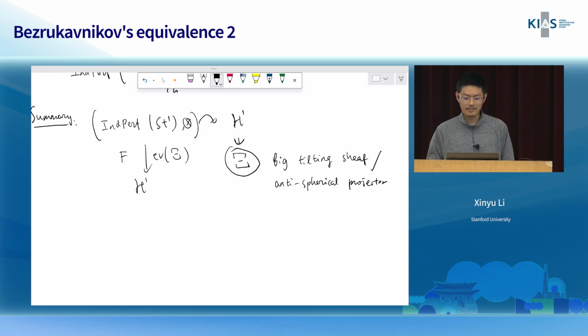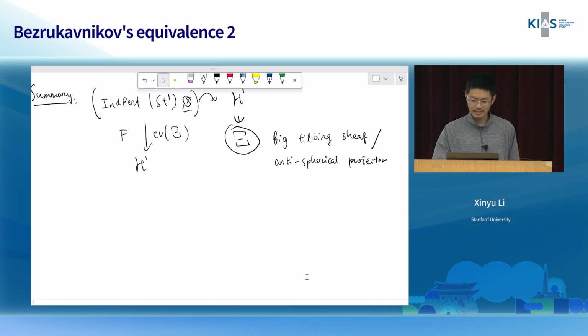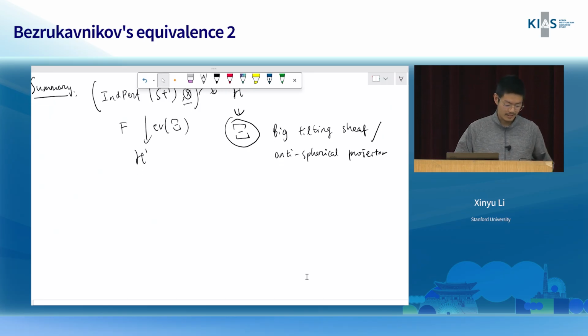Yeah, but even if you do the construction in the other two situations, you still use the tensor product instead of convolution.